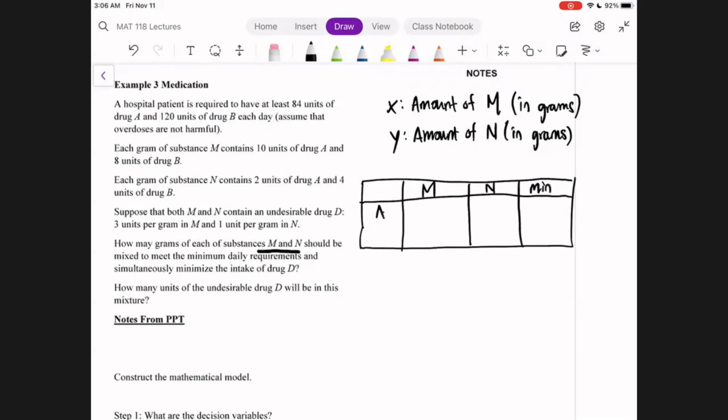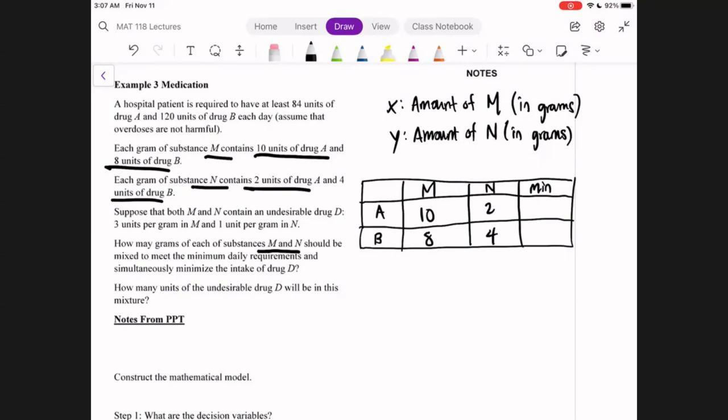So for drug A, M contains 10 for A and 8 for B. The second row is B. And then substance N contains 2 for A and then 4 for B.